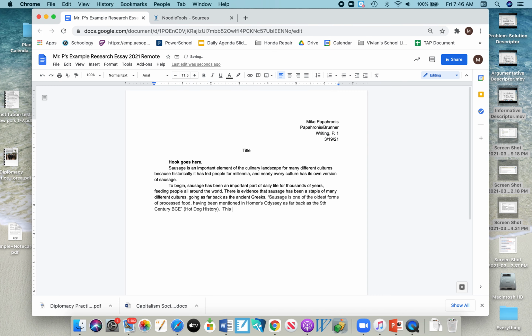Okay. This shows that sausage has had, to steal some of my language from my note card, a far-reaching impact on human culture, stretching back in history at least as far as the ancient Greeks.